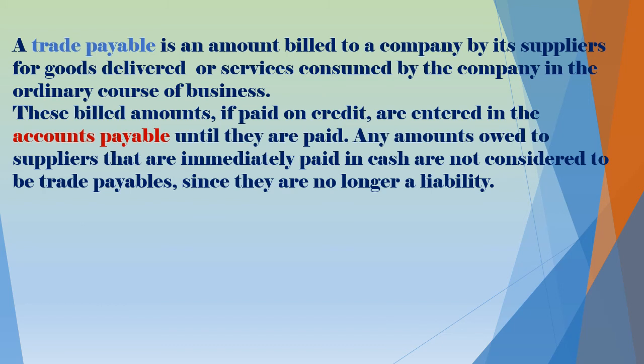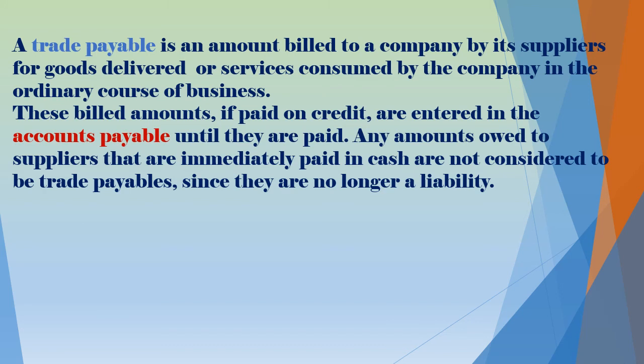So trade payable also includes two, that is creditors and bills payable. In both the cases, the goods are purchased on credit. Creditors are the persons from whom the goods and services are purchased on credit, and the amount is still not paid.